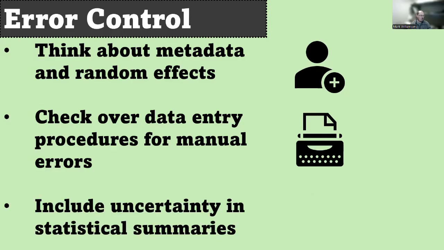And finally, you want to include uncertainty in your statistical summaries because, again, no matter how much you control for things like random effects, no matter how much you make sure you don't have manual errors, there's still going to be uncertainty. There's still going to be inherent messiness in the data.